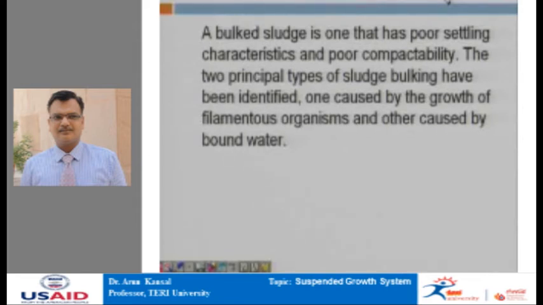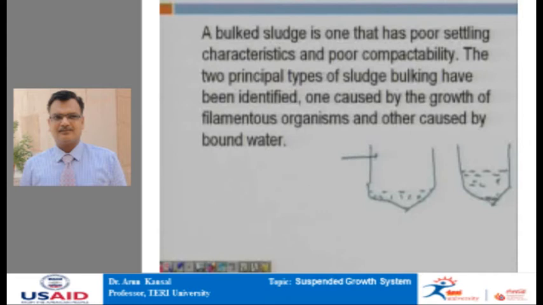A bulk sludge is one that has poor settling characteristics or poor compactability. That is, in a secondary settling tank, the sludge which is coming settles to the bottom. Now, suppose this is one case, and the same sludge in a clarifier takes this much volume.